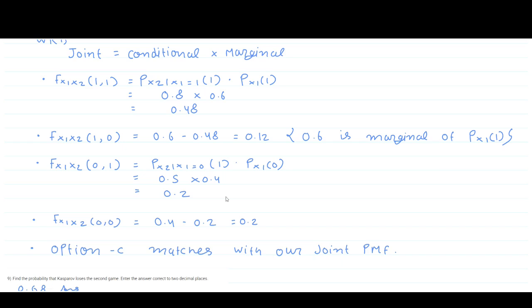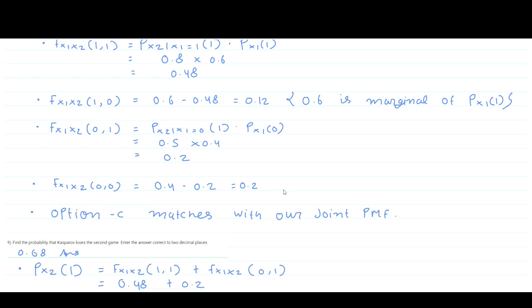So, f at (0, 1) is 0.2. Using the probability of X1 equal to 0, which is 0.4, the joint PMF at (0, 0) is going to be 0.4 minus 0.2, which is 0.2. Hence, the correct option that matches our joint PMF is option C.